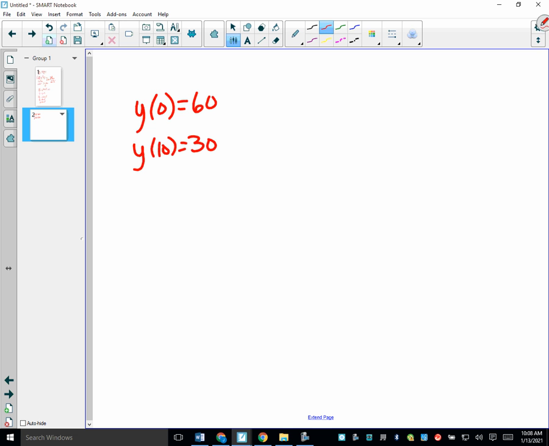So I'm using y equals y sub 0 e to the kt, right? I know y sub 0, and I know y when t is 10. So don't I have 30 equals 60 e to the 10k?